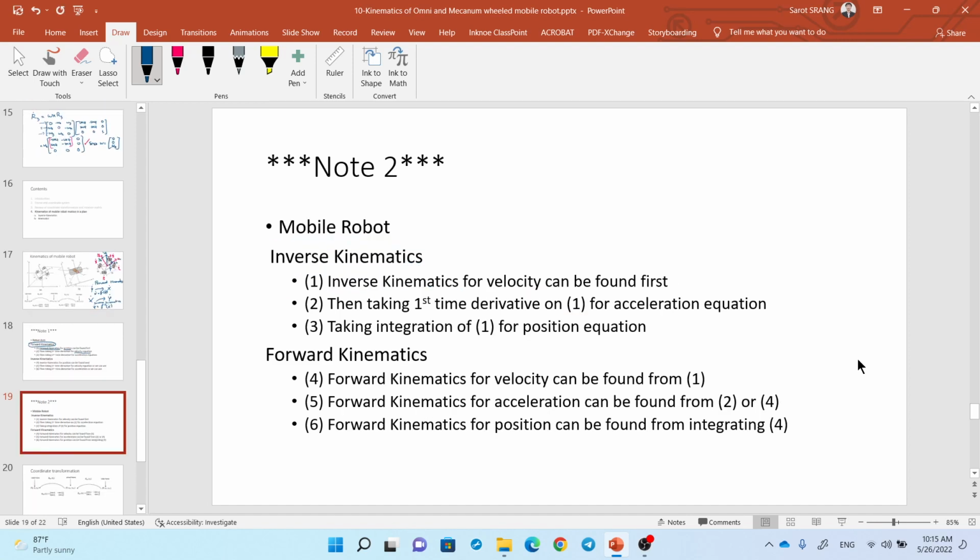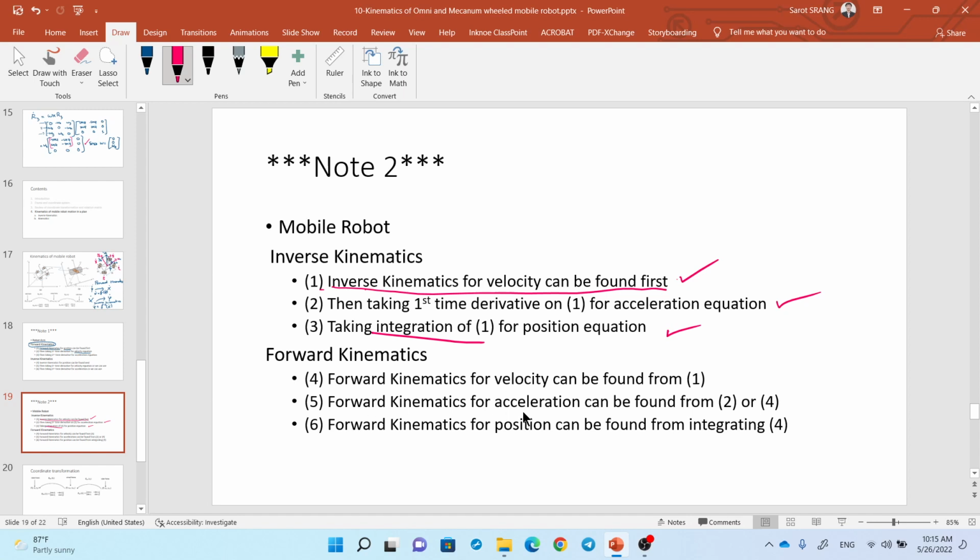How about the mobile robot? What you can find first is the inverse kinematics for velocity. Okay, different from the robot arm. You can find the inverse kinematics for the velocity equation first, and then you can take the time derivative to find the acceleration equation, and you can integrate the velocity equation to have the position equation. Okay.